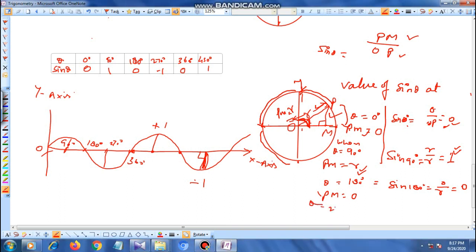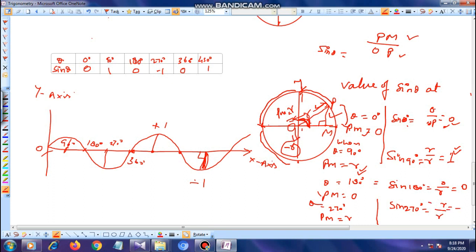When theta equals 270 degree, the perpendicular will become radius R. So sin 270 degree equals R upon R, but this distance will become negative because it is below the origin, so this is minus R upon R, so the value is minus 1.